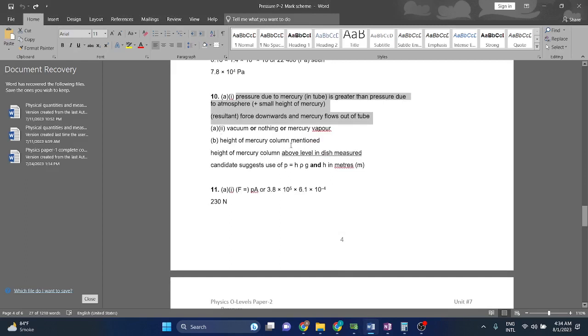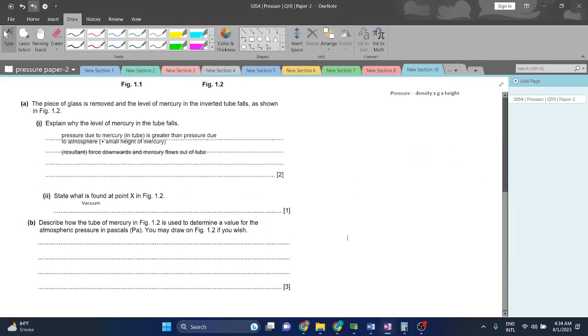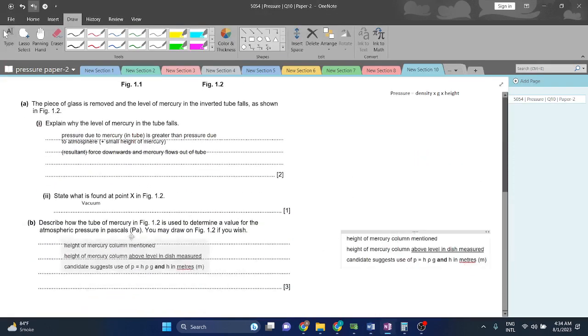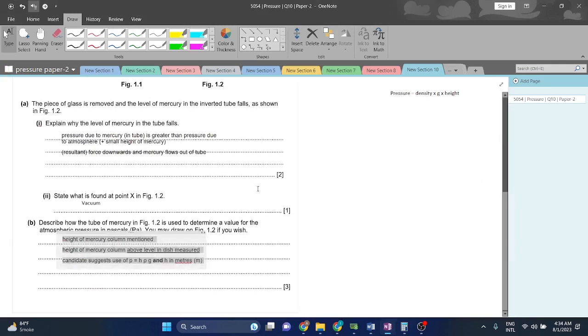Acha, height of mercury column. Mentioned: height of mercury column above the dish is measured. Candidates suggest use of rho gh in meters. You have height of mercury column mentioned. Height of mercury column above the level in which measured. ये मैंने बनाया हुआ है ऊपर, आप देख लेना.